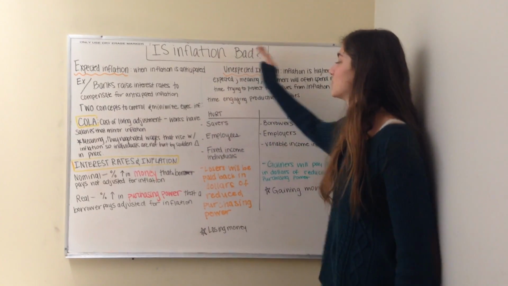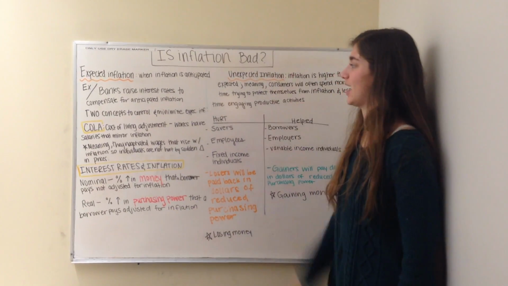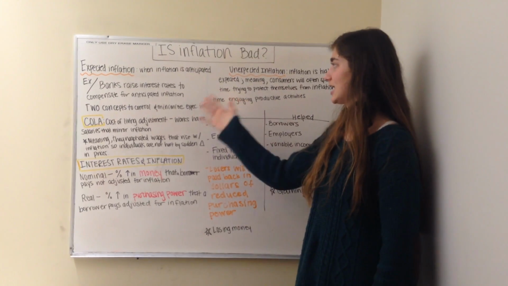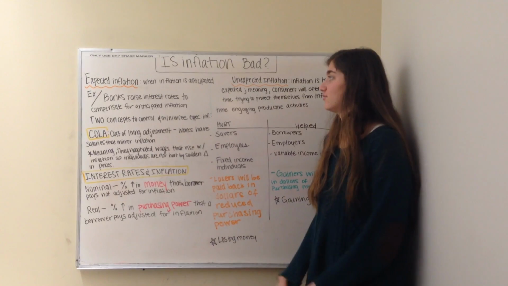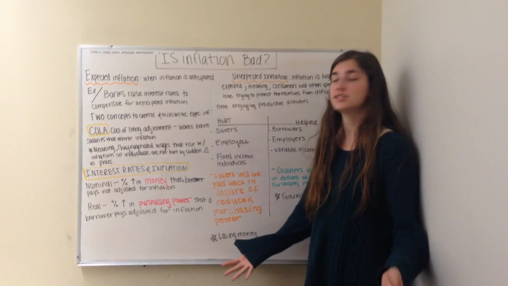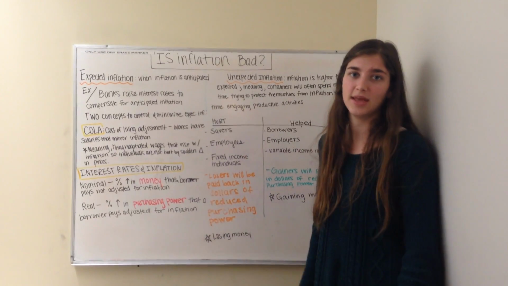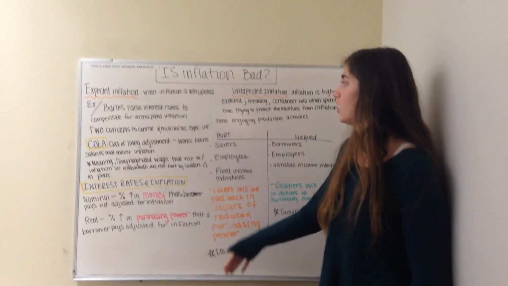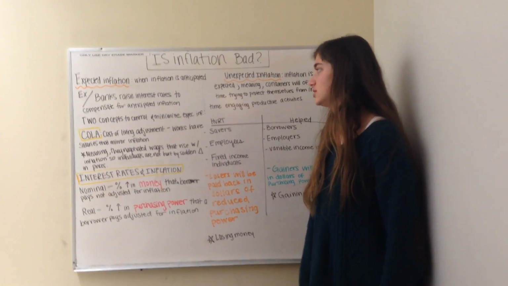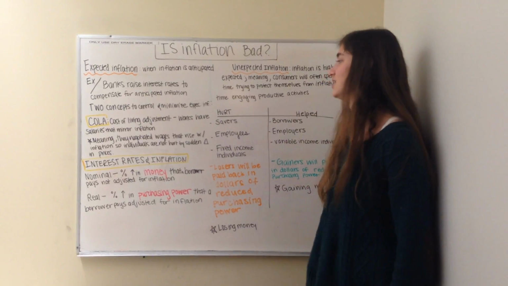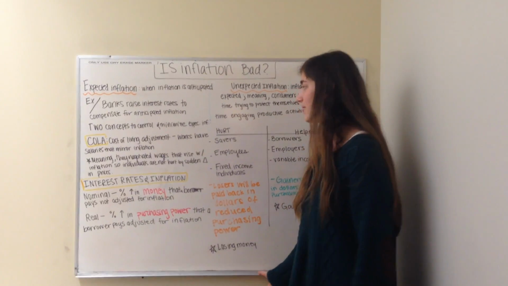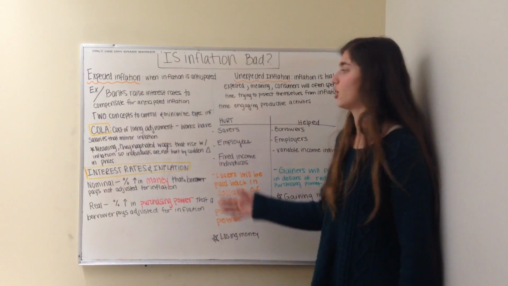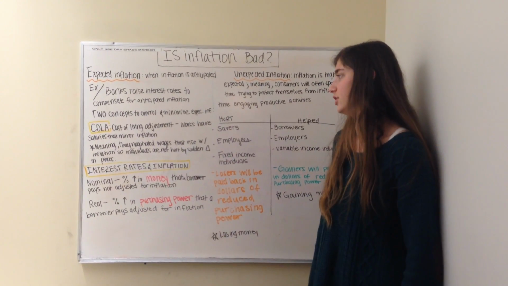All right, so the biggest question of all, is inflation bad? We have two concepts, expected inflation and unexpected inflation. Expected inflation is when inflation is anticipated, so people know it's going to happen and are prepared for it. For example, banks raise interest rates to compensate for anticipated inflation. The two concepts that help control and minimize expected inflation are COLA and interest rates and inflation.